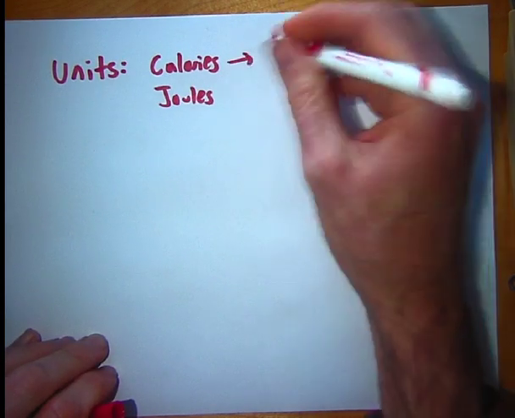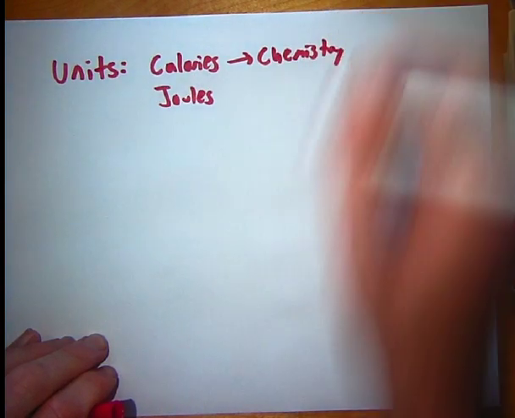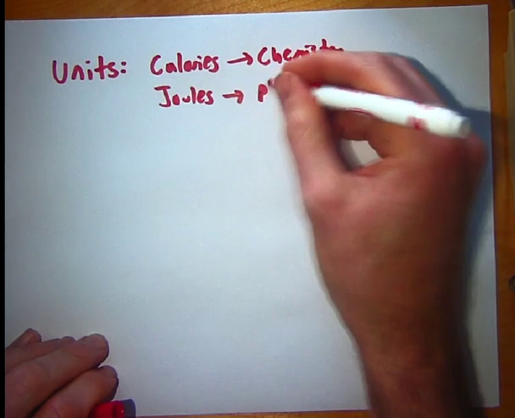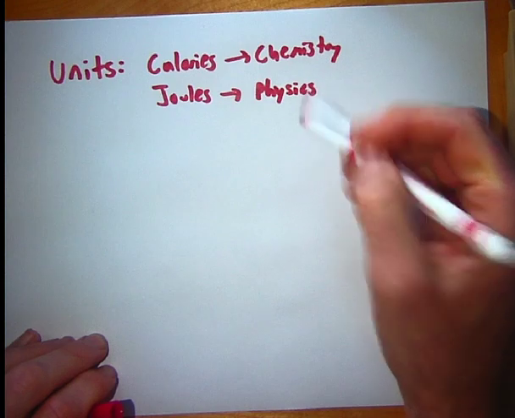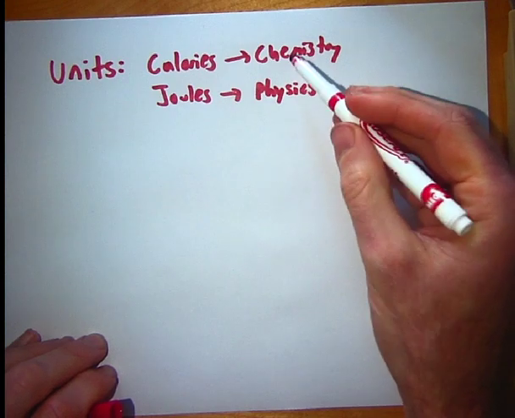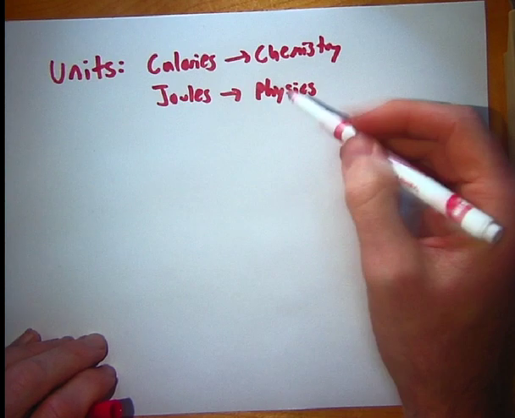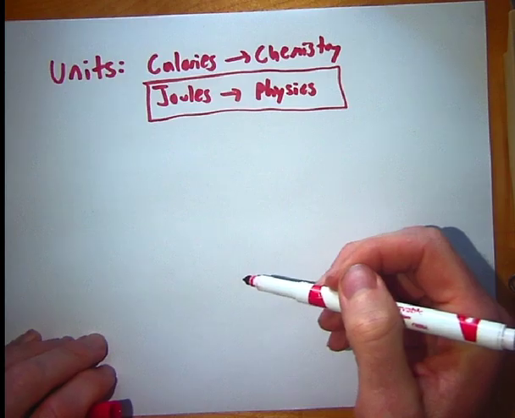Calories works really well in chemistry for particular reasons, but joules tends to work better in physics. Of course, they're interchangeable, and you can use joules in chemistry and calories in physics depending on what you're doing, but we're going to stick with joules. That's going to be our unit of energy.